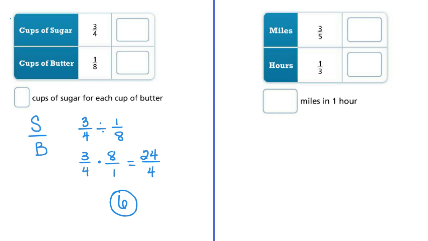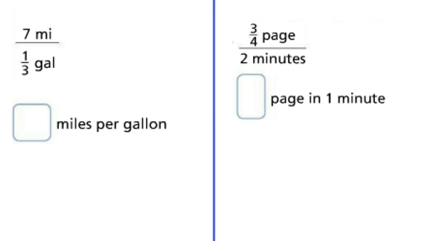All right, number 9. And I told you guys you could ignore the boxes. I deleted them off the screen. All right, Juliana. How do we do miles per gallon on question number 9? 7/1 divided by 1/3.